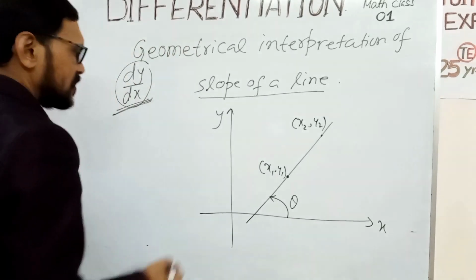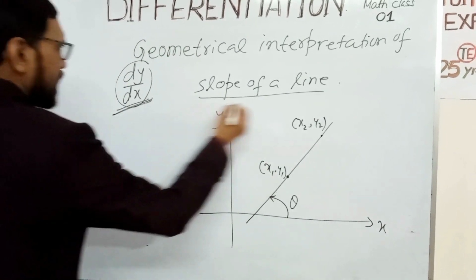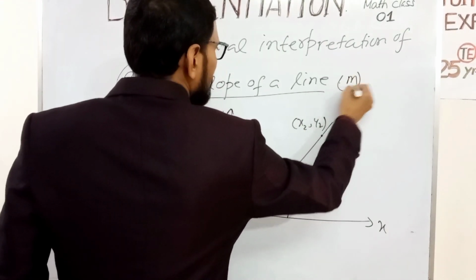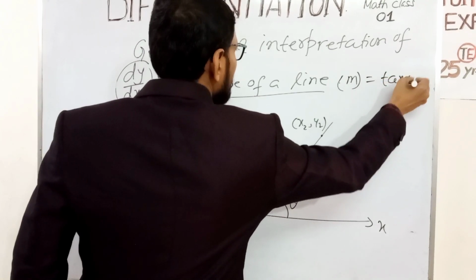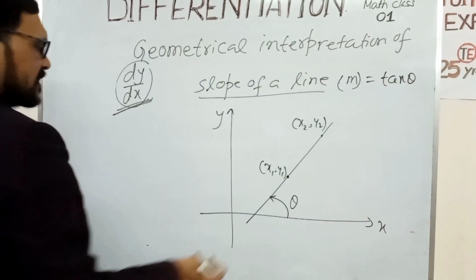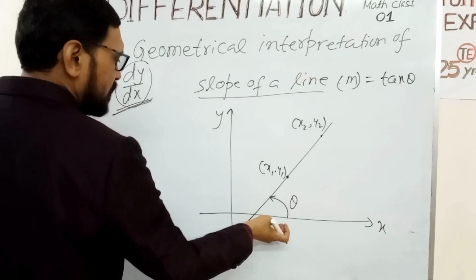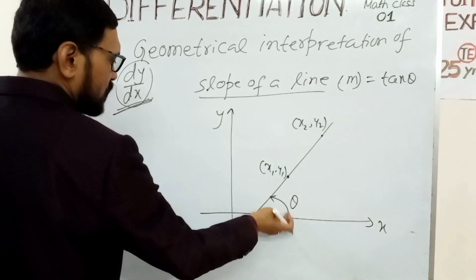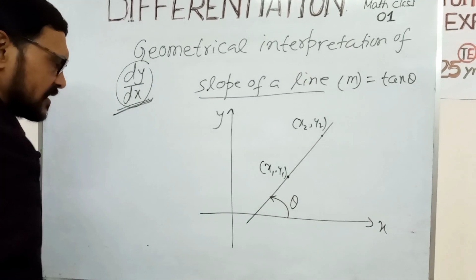Now what is the slope of the line? The slope of the line is denoted by m, equal to tan theta, where theta is the angle the line makes with the positive direction of the x axis.